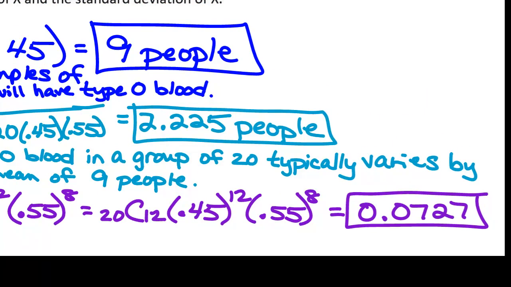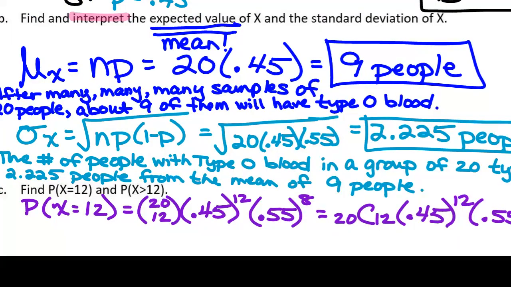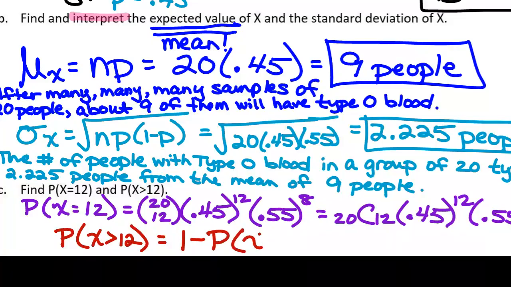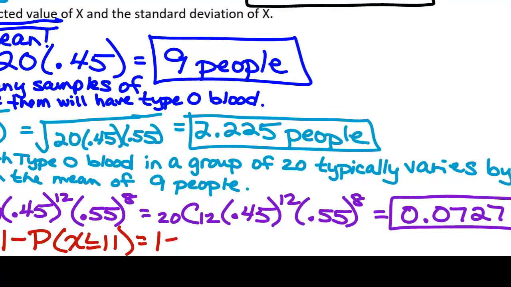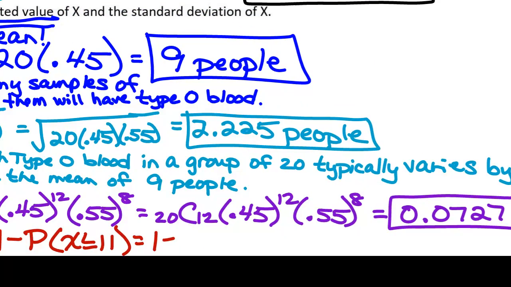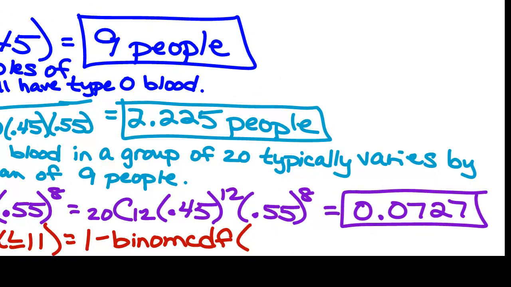All right, so now we need the probability that x is greater than 12. Can I do greater than with binomial? So what do I have to do? Yes, 1 minus the probability that x is less than or equal to 11. So 1 minus, what function do I need to use? Binom CDF. What 3 parameters do I have to feed in for binom CDF?